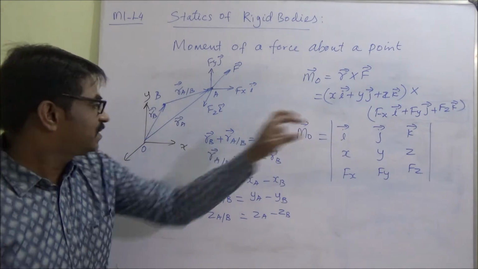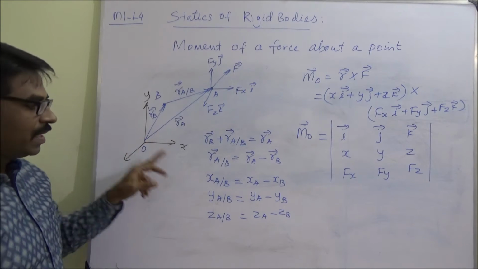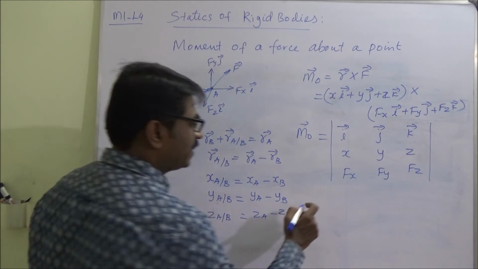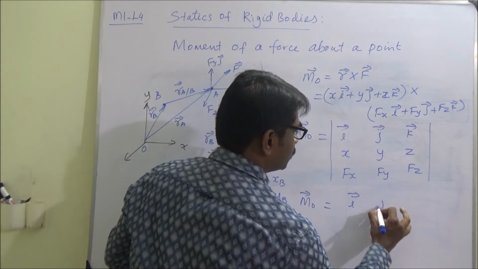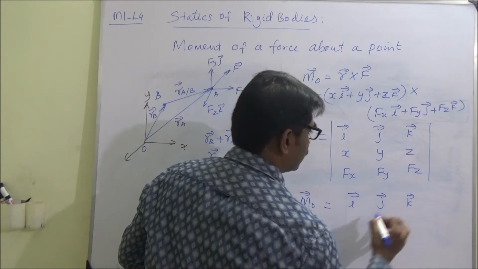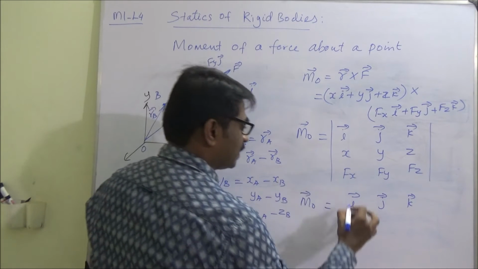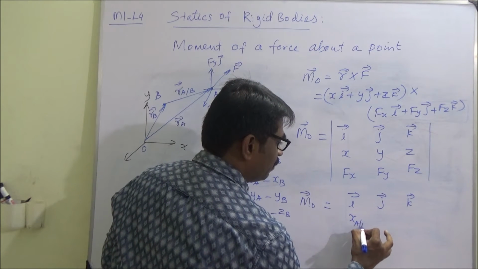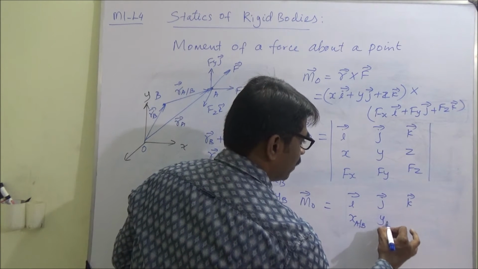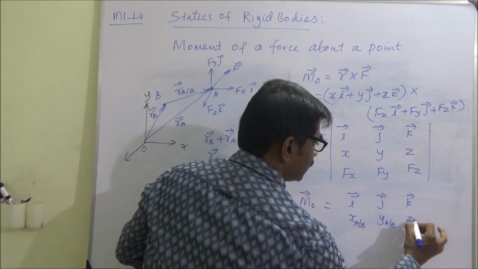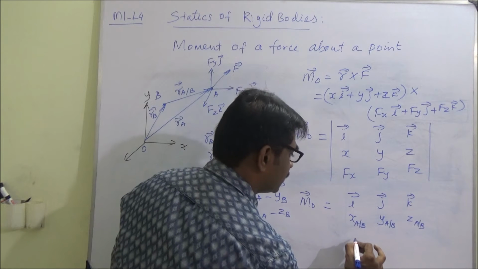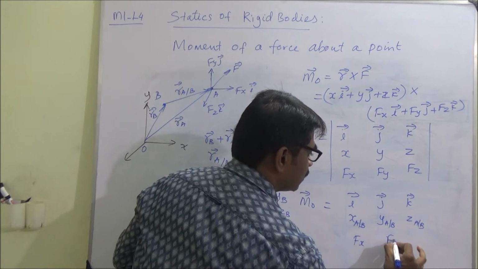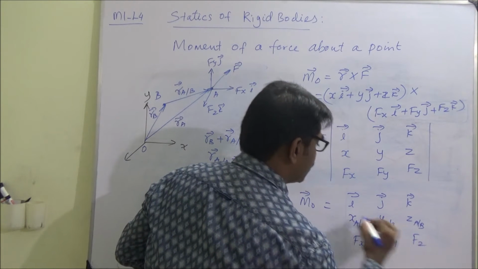So this is about O, and how will we write this? MO vector equals i vector, j vector, k vector. In place of x, you put xA/B, yA/B, zA/B. All these are coordinate distances, and this is Fx, Fy, Fz.